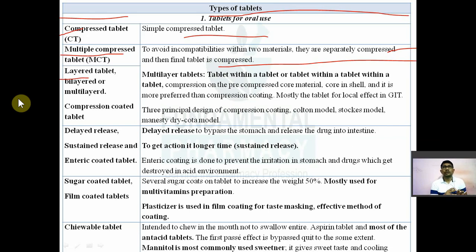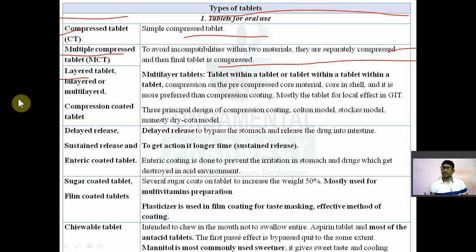So if you formulate those two drugs separately, it will cost you more. So just formulate the two drugs in one tablet by using multiple compression. What will happen? One layer will dissolve in the stomach and one layer will dissolve when it reaches the intestine. In such cases you require a different kind of layer tablet.